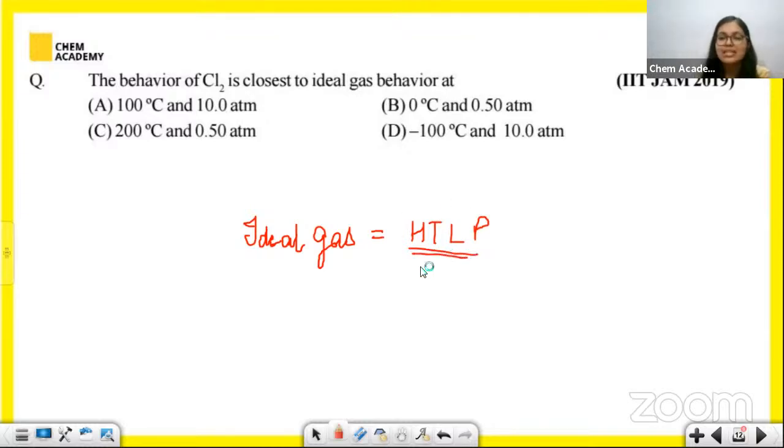It is high temperature and low pressure. So which of these has the highest temperature? 200 degrees Celsius is high temperature and 0.5 atm is very low pressure. Yes, Makran, very good. C is the correct answer to this question. So the behavior of Cl2 is closest to ideal gas behavior at 200 degrees Celsius and 0.5 atm.